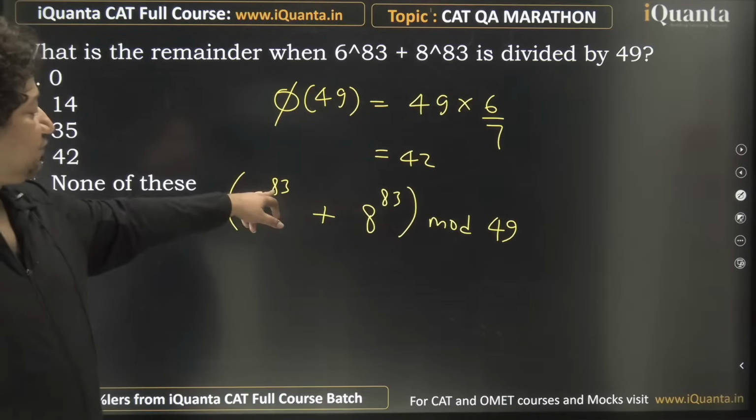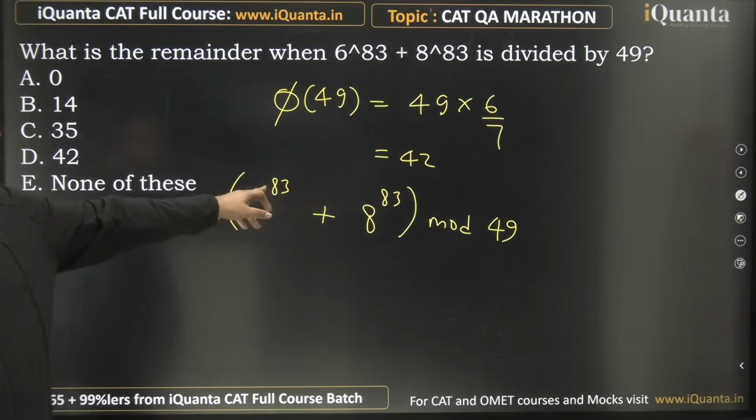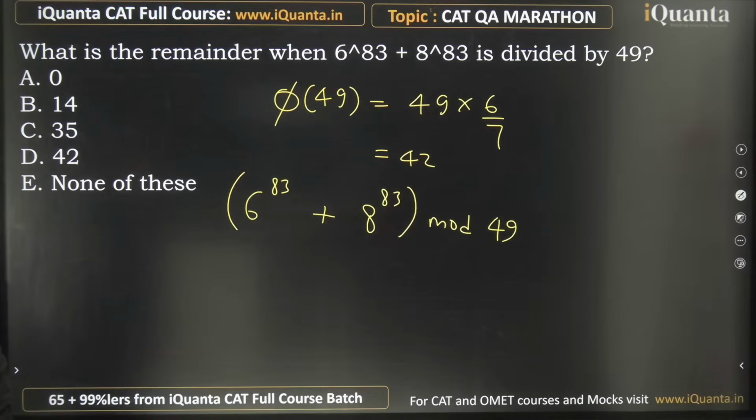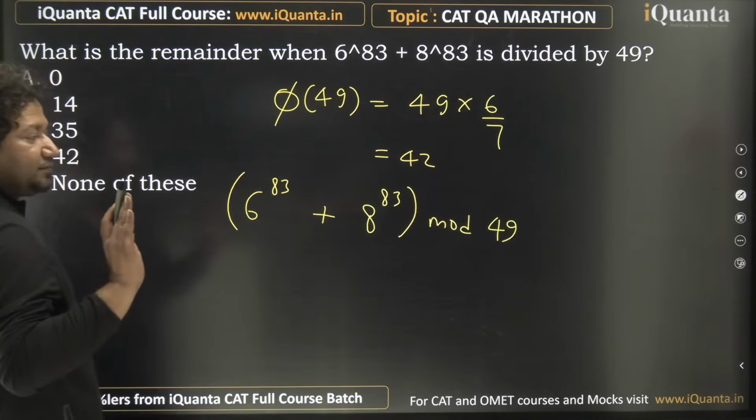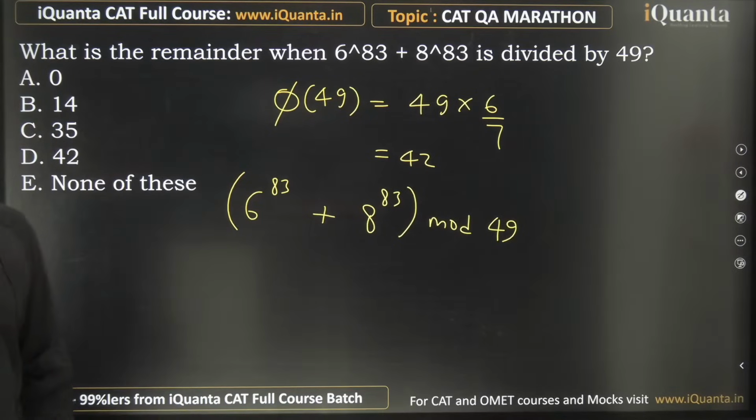And if this power is 42, this power 2, I'll get 1 as the remainder, right? Is that right? 6 की power 42 तक तो 1 remainder हो जाएगा. That is something that we already know. What else?